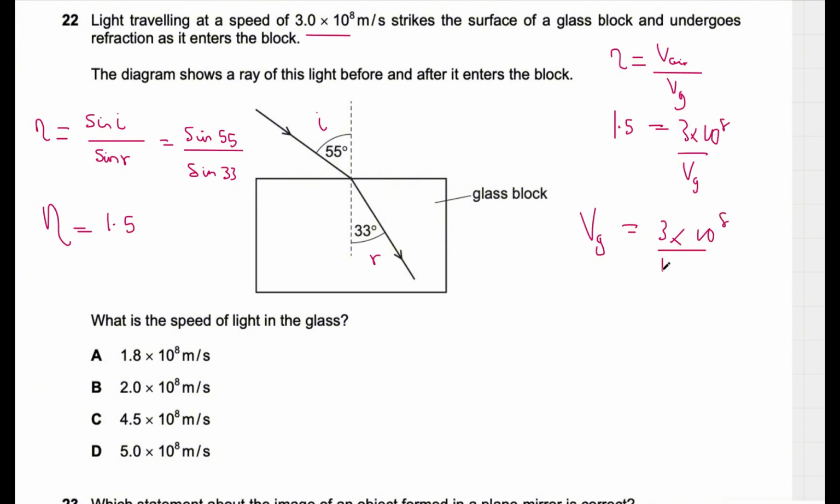Since 3 divided by 1.5 is 2, you get 2 times 10 to the power of 8. That would be the speed in glass, which is B. Question 22, B.